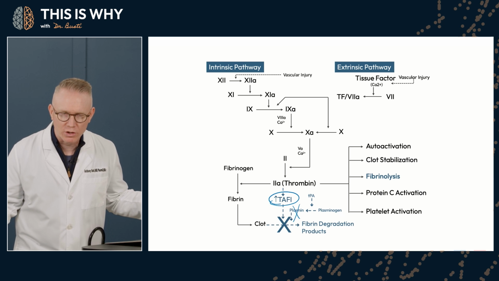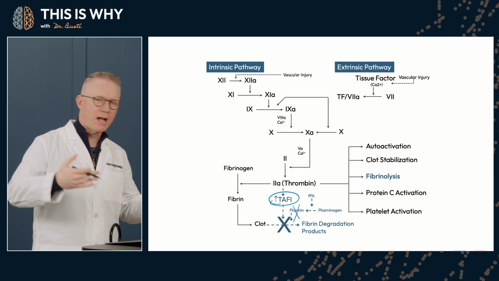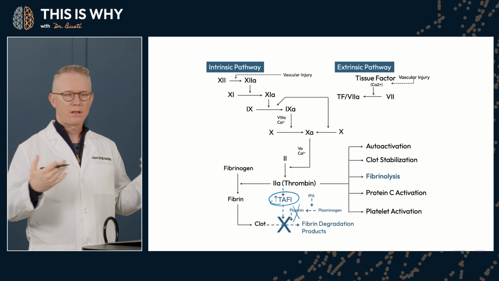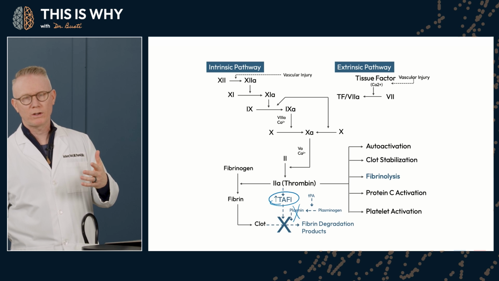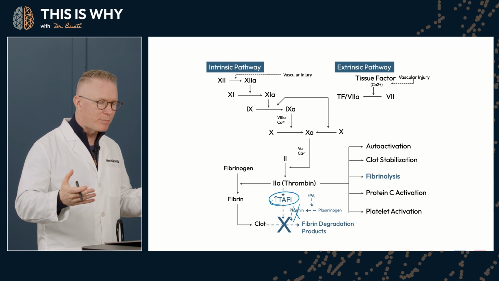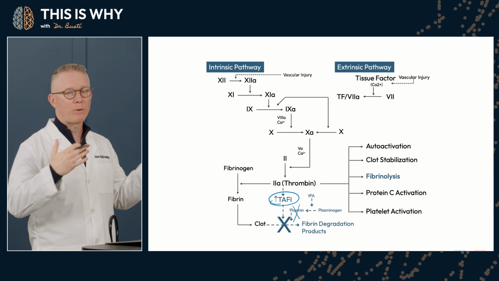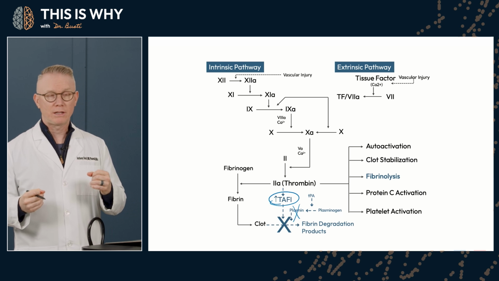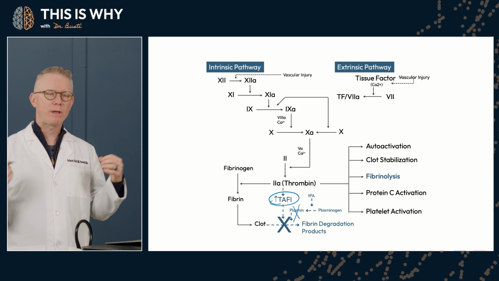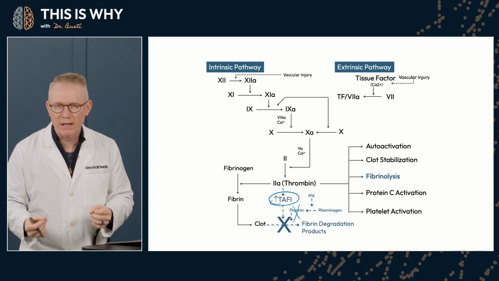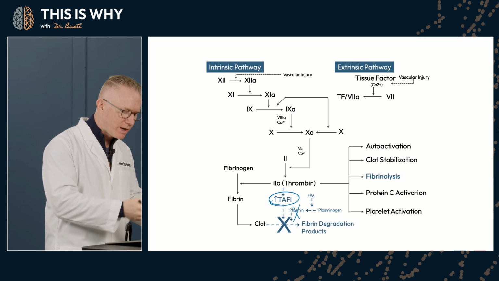So we always have clot turnover. We're always making clots and breaking them down. And we want that. That's called hemostasis. It's just, again, when it's too much, one direction. So a big clot burden would cause the fibrin degradation products to go way up. That would be suspicious to you that there's some clot somewhere. And that's why we measure things like D-dimers and stuff like that in the lab to try to help us understand what's going on here.